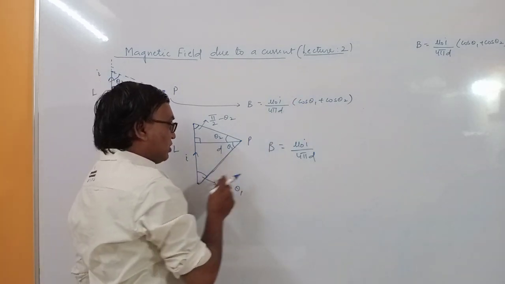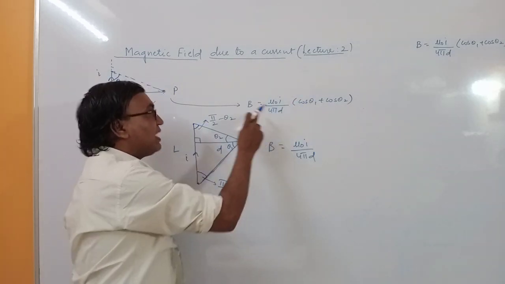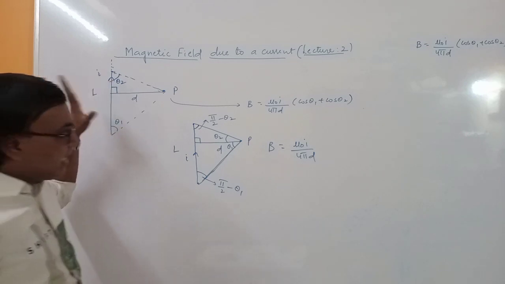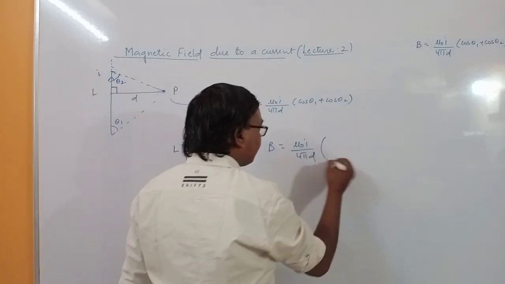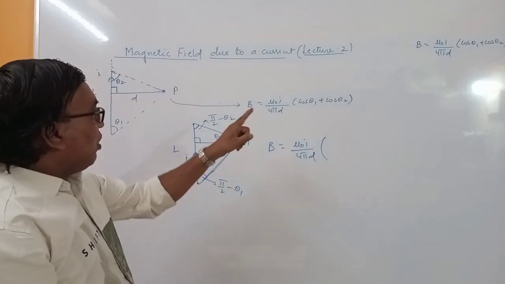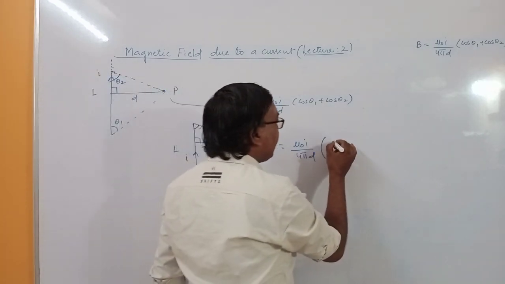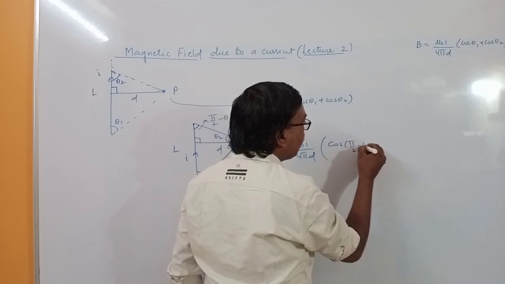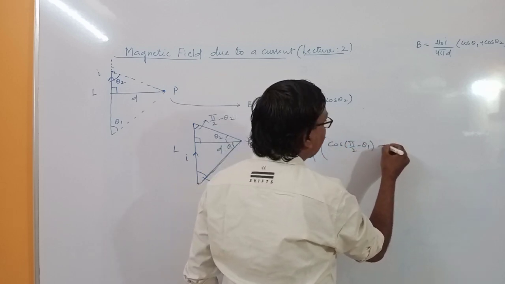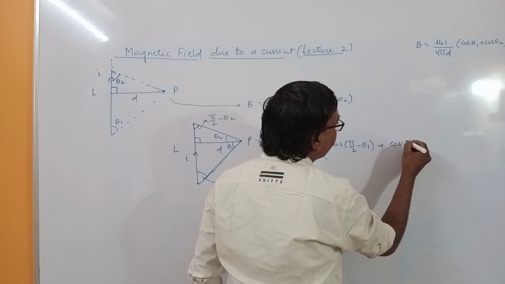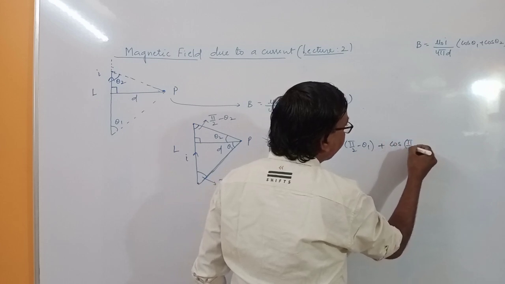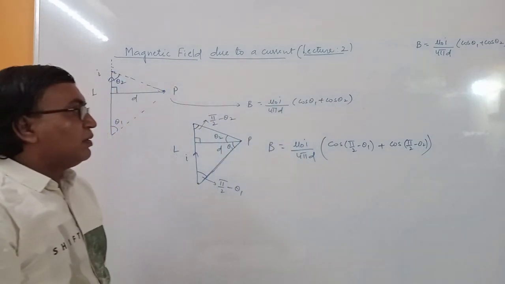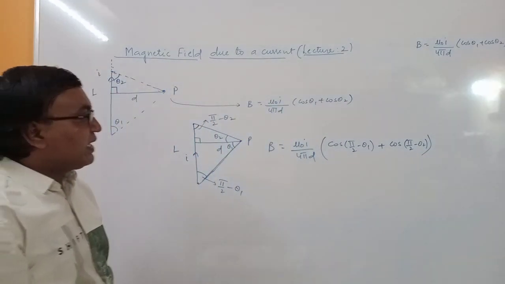Now we'll use these angles because this formula is derived for considering the angles at these points. So cos theta 1 will be cos of 90 minus theta 1 plus cos of 90 minus theta 2, that is pi by 2 minus theta 1, pi by 2 minus theta 2.